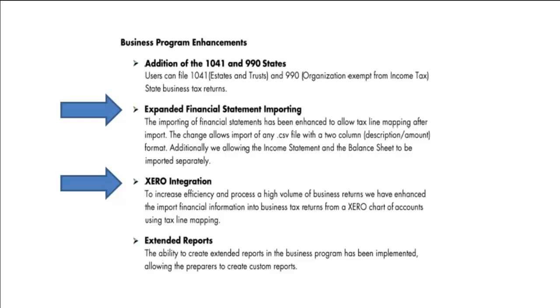So if you have the ability to save those reports in CSV in 2 columns, description and amount, those things can be imported into the CrossLink program now. That greatly expands the accounting programs you can use to import that information, and Xero is an example of that right here. But any of them that can export a CSV file is going to work as far as the CrossLink program goes. You will be able to import all that information and get those business returns completed a lot quicker.